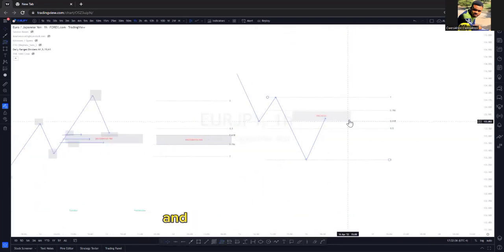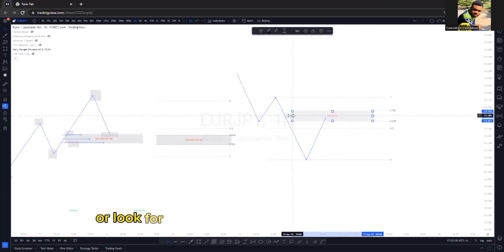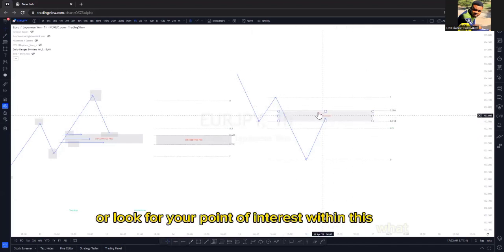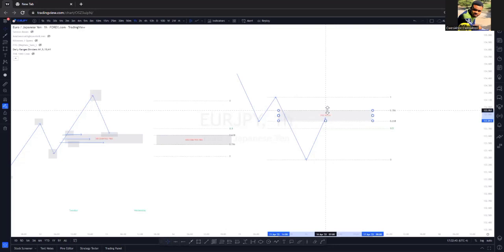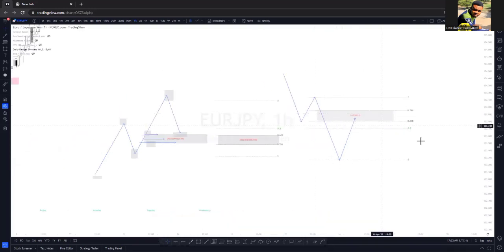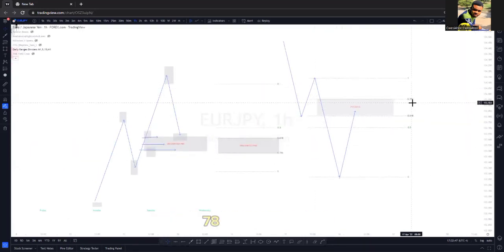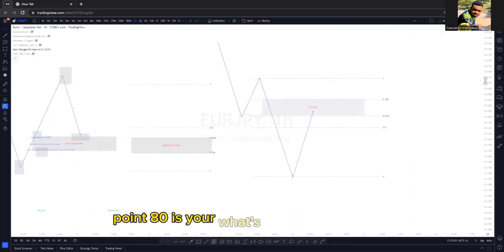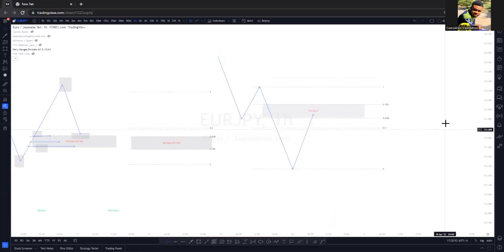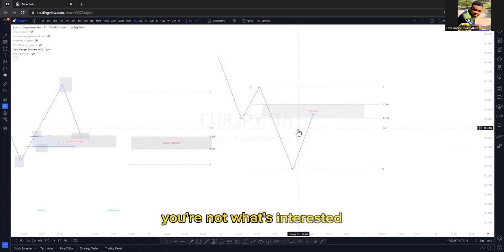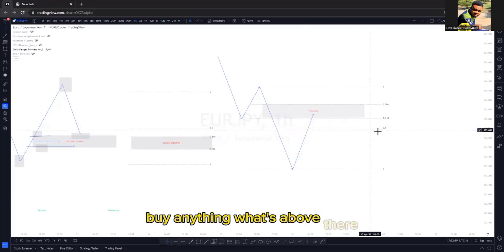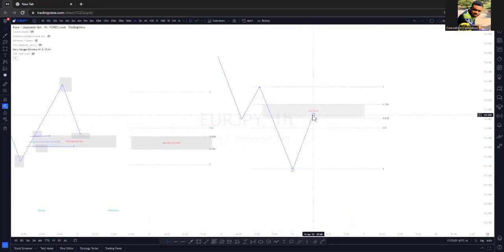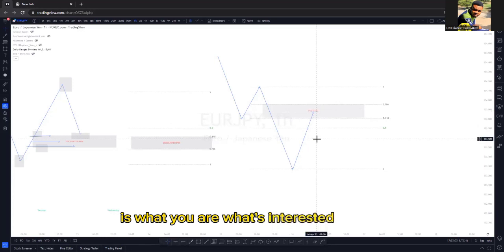Then you identify or look for your point of interest within this premium price, which is between 78 and 61.80. So anything below here, you are not interested. But anything above the equilibrium price is what you are interested in, right?